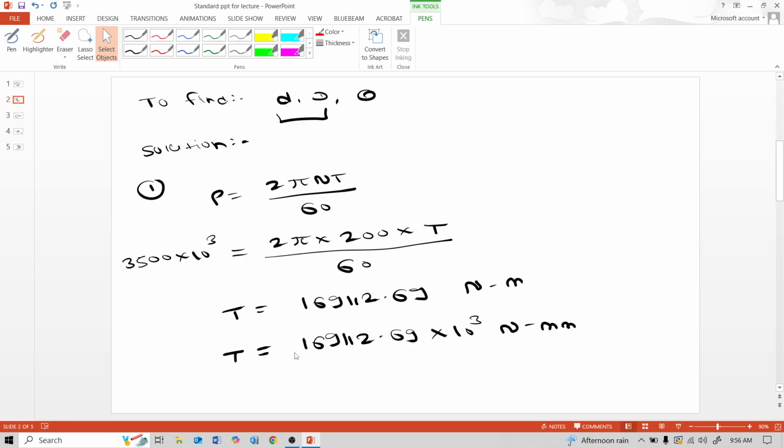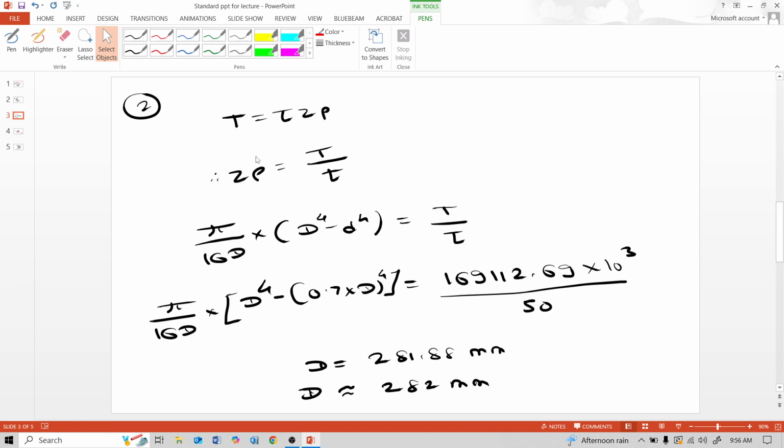Next we find the diameter using the polar section modulus formula, the strength of shaft formula, T is equal to tau into ZP, so ZP is equal to T upon tau. Remember this ZP formula.